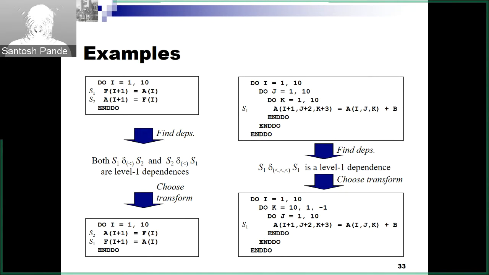And even if we had executed, let's say, K iterations in a different order, we would have preserved the dependence because it is really being enforced in the I dimension.